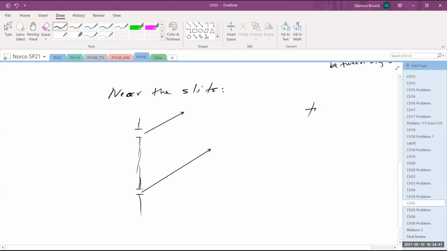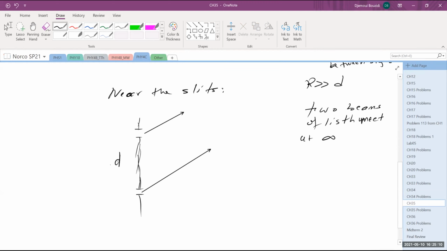The two beams of light meet at infinity as far as these two slits are concerned, because remember R is very, very big compared to D. So this distance is D. So we're looking at a very tiny region of the slits.